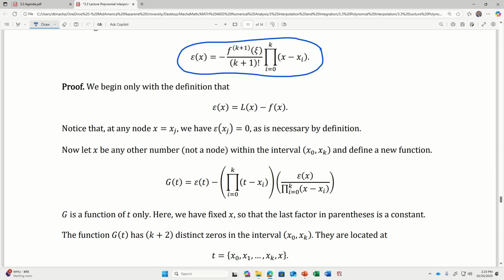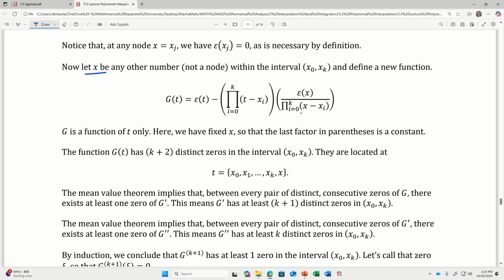Capital G is going to be the error at a point t minus this product times the error at a given point x, not a node, but divided by this product. And again, we have supposed that we are going to fix x, when we said let x be a number that's not a node. So g is a function of t. Pretend that the x is a constant.